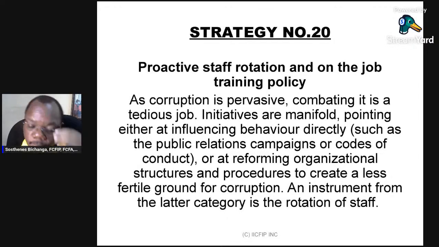Therefore, it is suggested that further experiments be done so that empirical evidence can be found supporting staff rotation. To test the effectiveness of the staff rotation regime, more research should be undertaken.